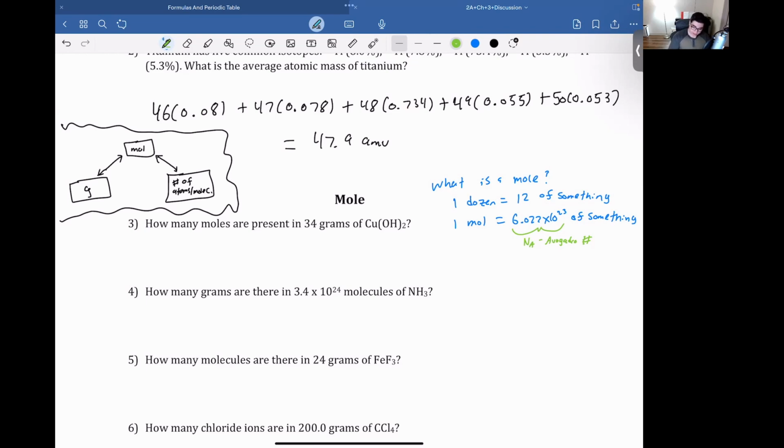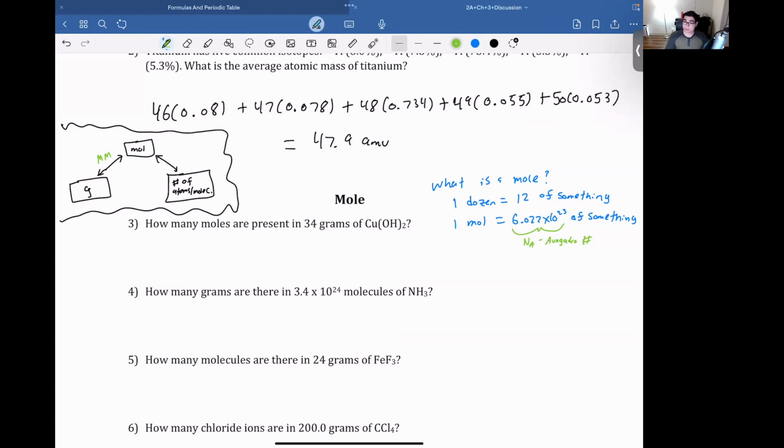To go from grams to moles, the thing that relates the two that you usually know is molar mass. Sometimes you are going to solve for molar mass of something, but generally you have it. So you convert between grams and moles with the molar mass, the mass on the periodic table, not weight.